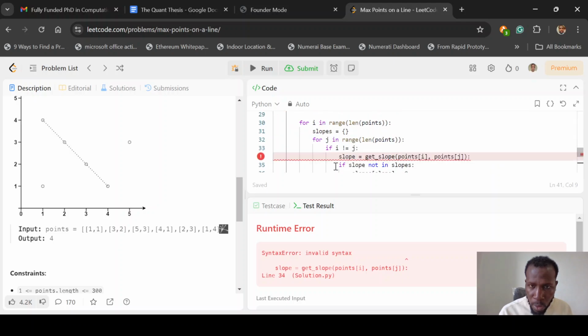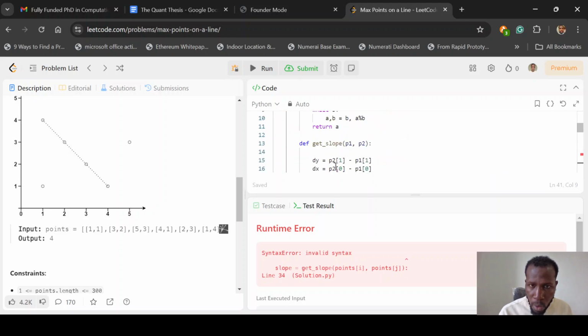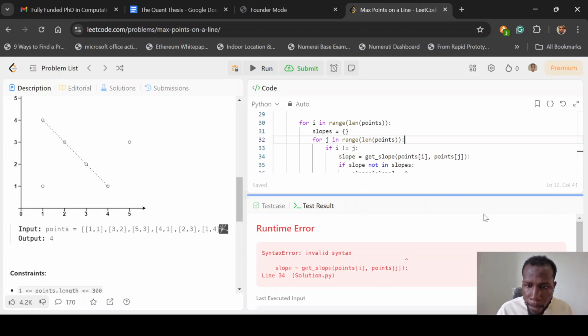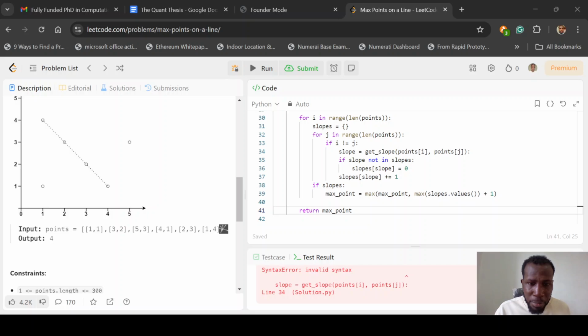Oh, sorry, the mistake was that I added a semicolon at the end of this.